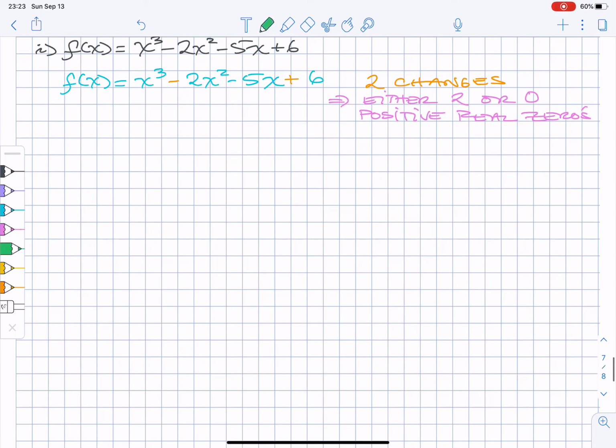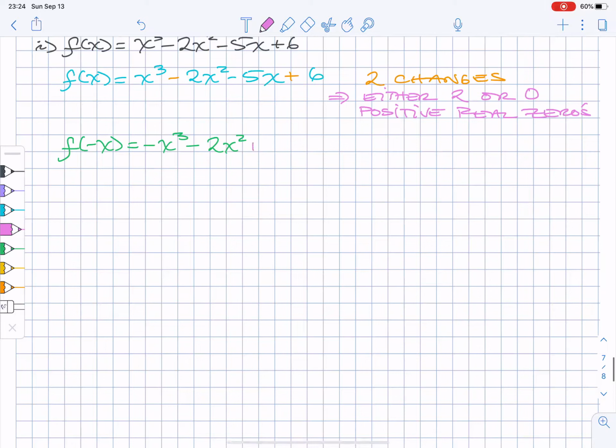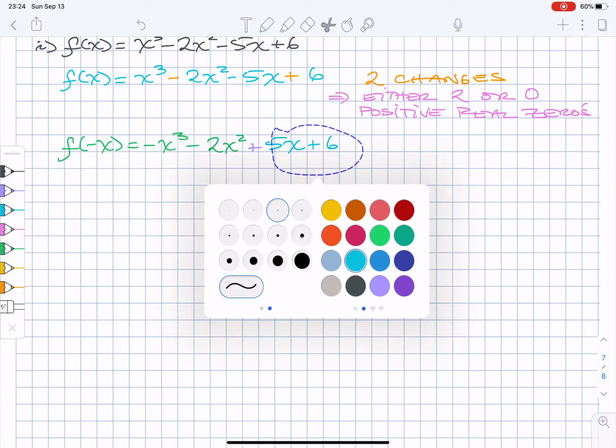So now let's look at f of negative x. So f of negative x is going to be negative x cubed minus 2x squared plus 5x plus 6.